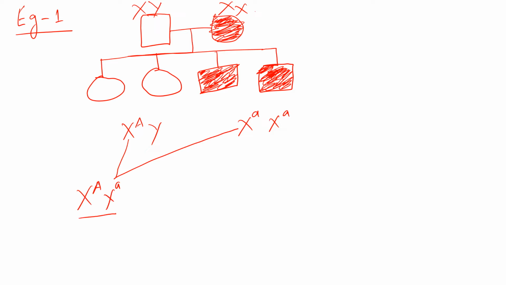This one is one female, maybe this is the one, X capital A and X small a. And then again, this chromosome might go with this one, X capital A and X small a. So this is the one.